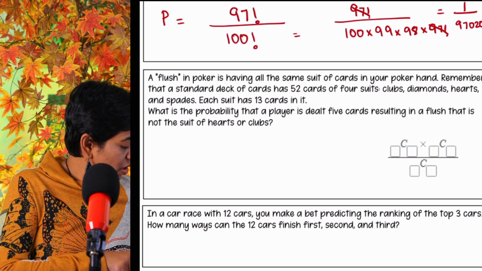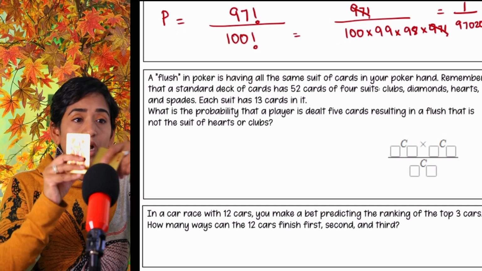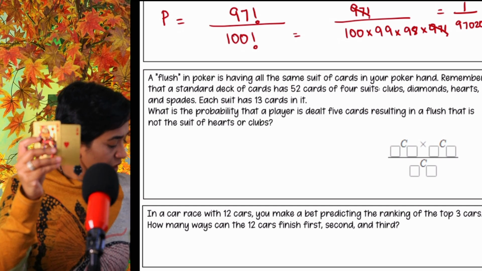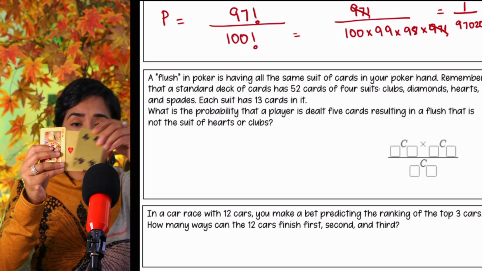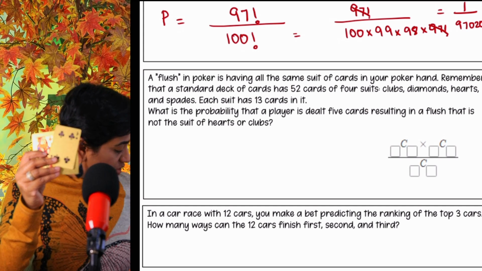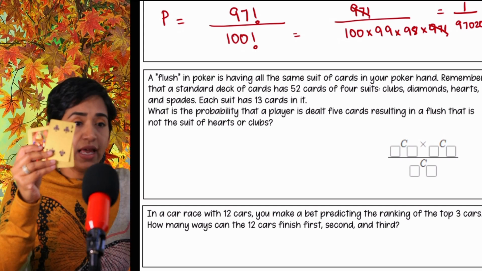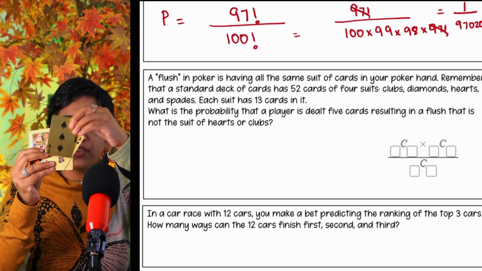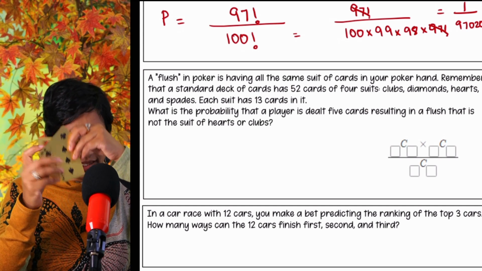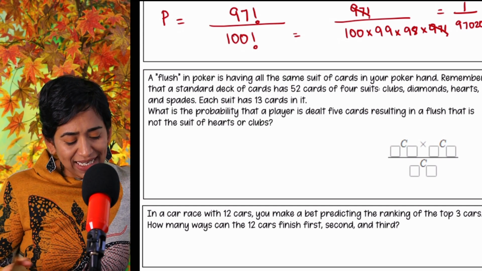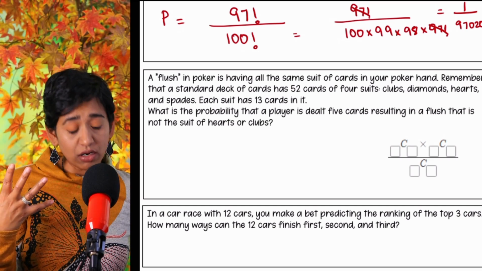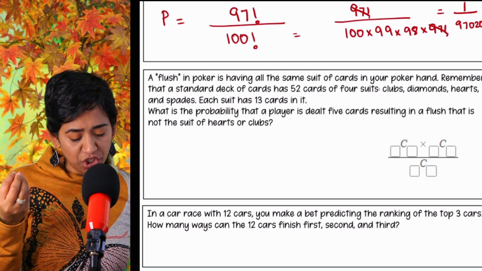So we have a diamond, a heart, a club, and a spade. 13 of each.